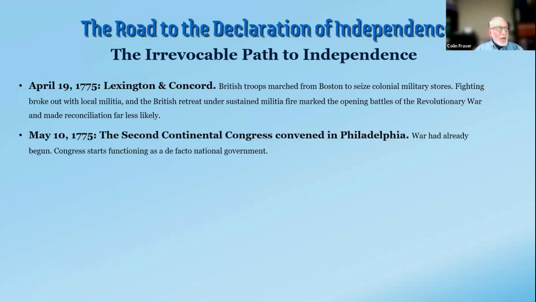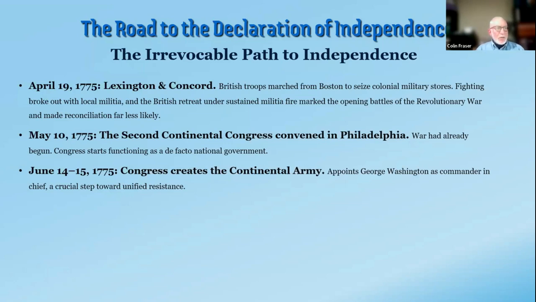The Second Continental Congress met May 10th of that year, convened in Philadelphia. But the key is that at that point in time, Congress really started functioning as a de facto national government. Before that, they were meeting and talking, but now they were starting to act as an actual government.